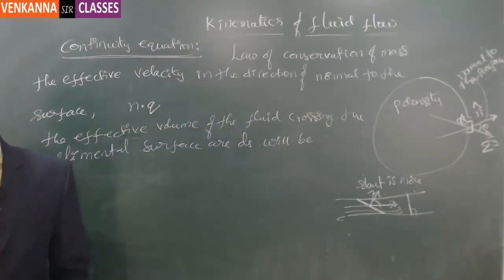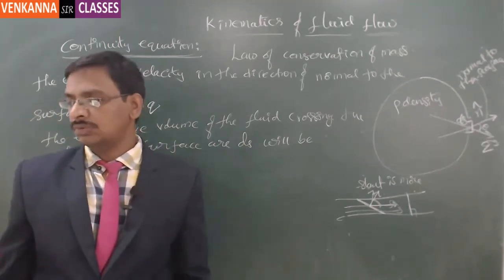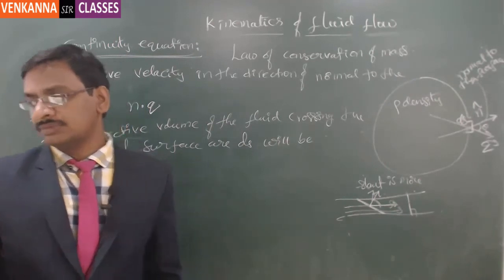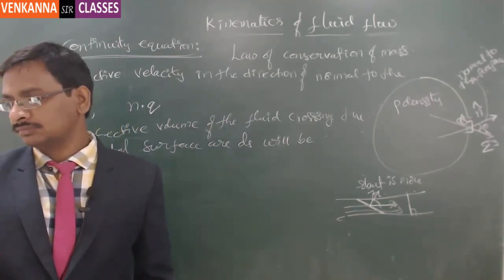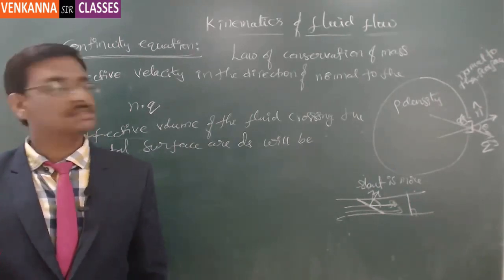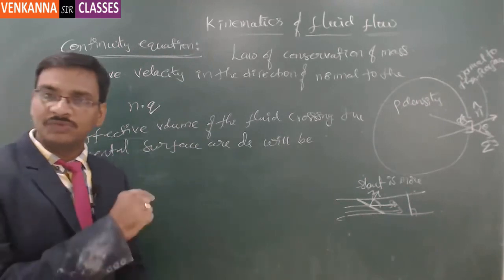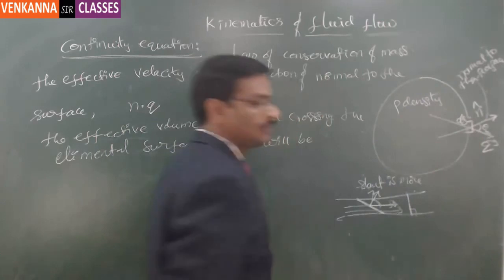Density is rho, the velocity of travel is q, and the area that it has to cross is ds. Can I guess how much it is? Obviously, the volume of the fluid that is going out will be ds into q, right?